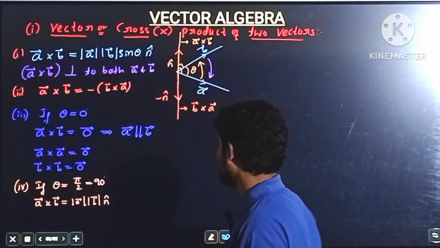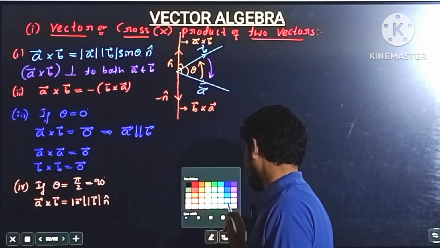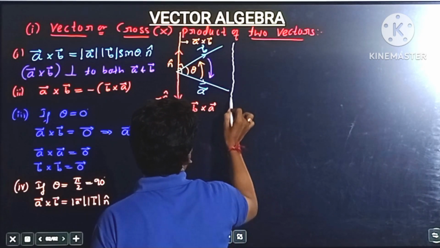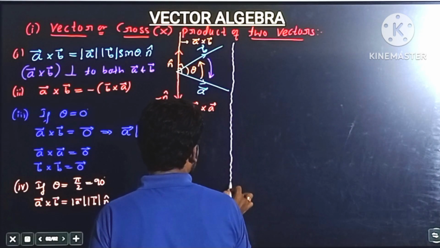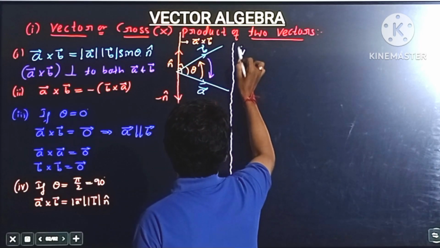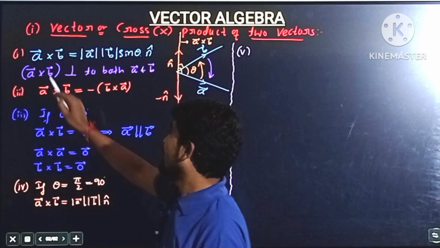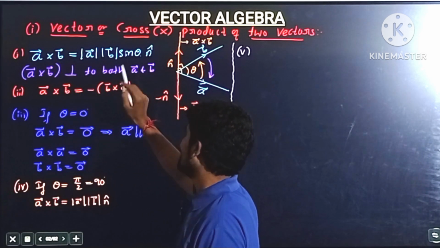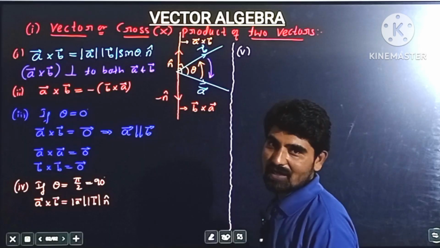Now the fifth point we need to observe here is, as you know, a vector cross b vector equals magnitude of a vector into magnitude of b vector into sine theta into n cap.